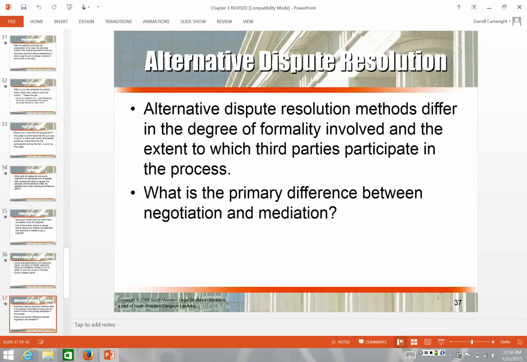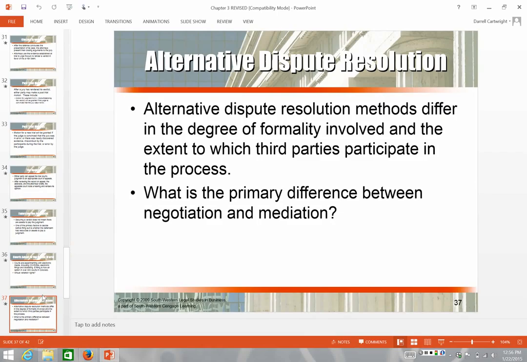Okay, we're going to move on from the judicial system and the litigation system to alternative dispute resolution, and it is a very big part of the world of dispute resolution these days. Basically, I like to say there are 4 different kinds of shuns.